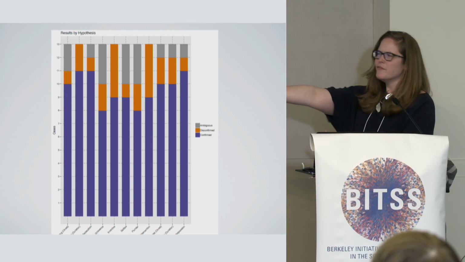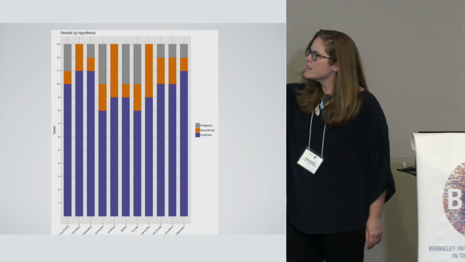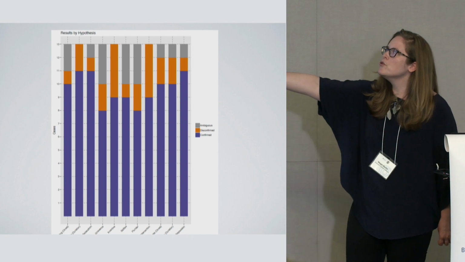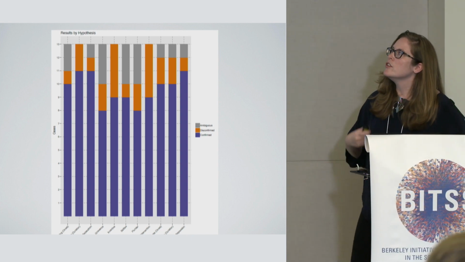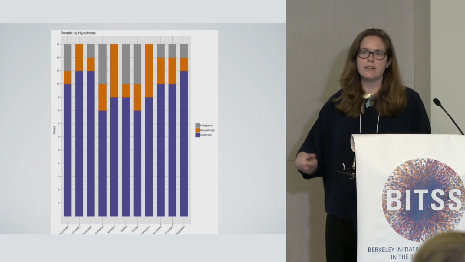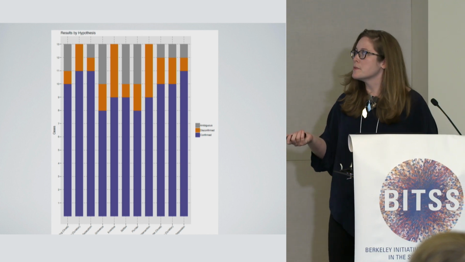So lots of bars here, but what you really need to know is each of these represents a hypothesis. The dark blue is the proportion of the cases that we were able to confirm. The orange is the percentage that we disconfirmed, and the gray are the cases that were deemed ambiguous.